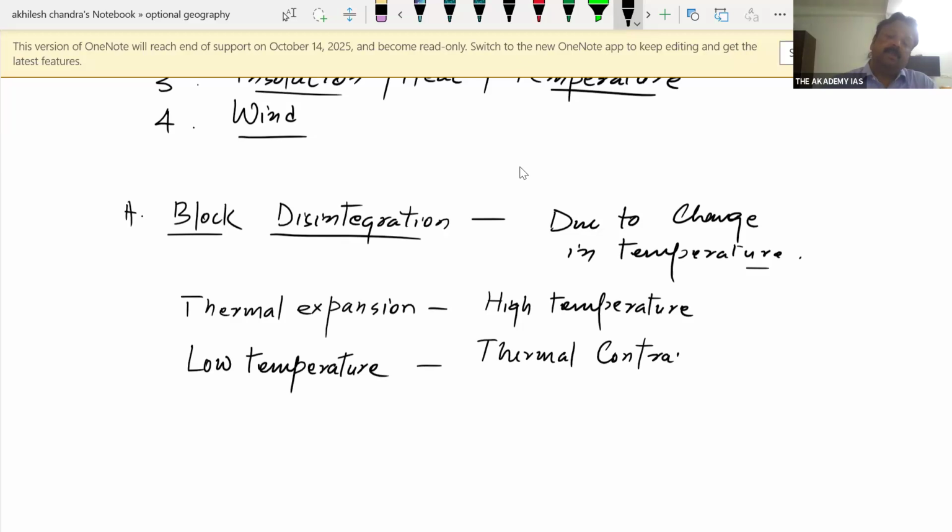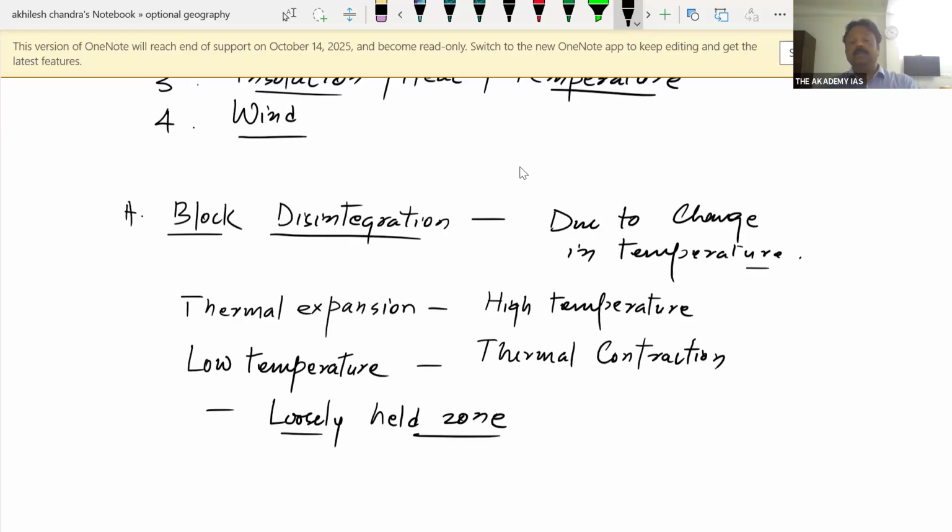And repeated thermal expansion and thermal contraction will create loosely held zone, from where the block get loosely held and disintegrate. Fine. And this is how the rock get broken.